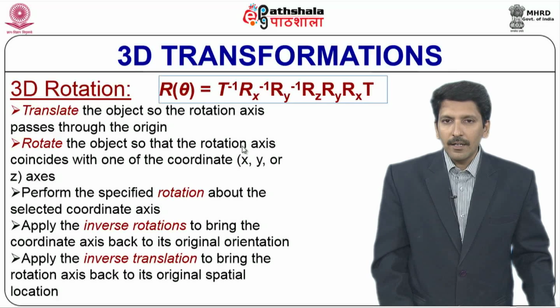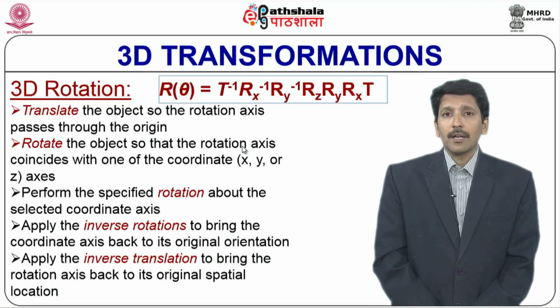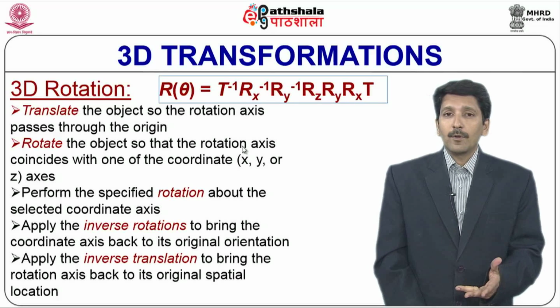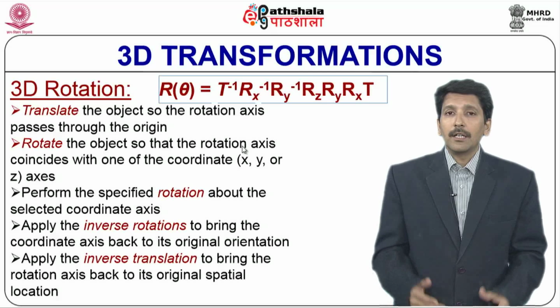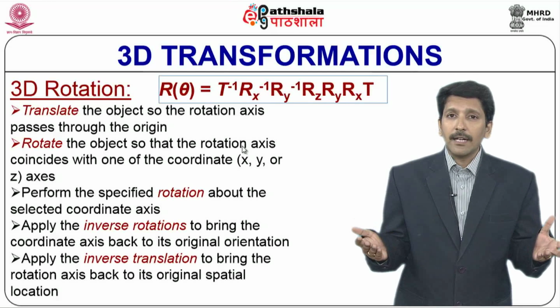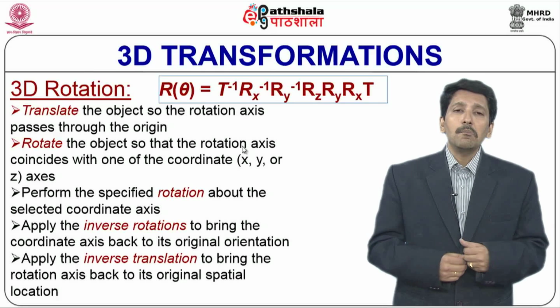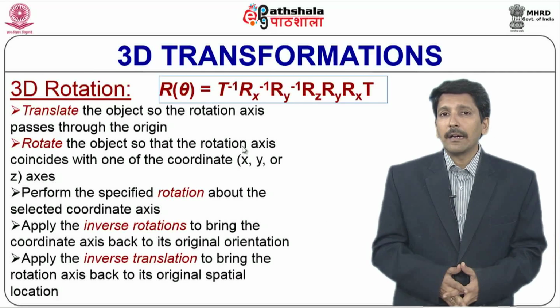So, in general, if you have to perform rotation about any general direction in space, now we have gone to a more complex scenario, that is, the rotation axis is no more a coordinate axis or a line parallel to the coordinate axis. It is some randomly oriented line in space.